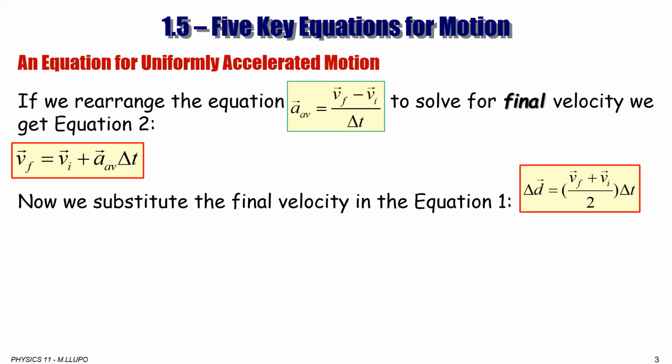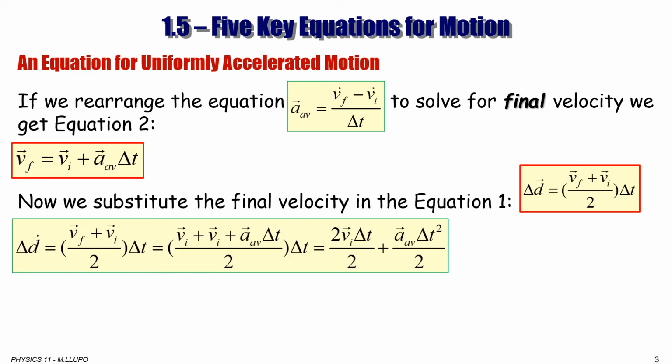Now we can substitute the final velocity in the first equation. Let's say that we do not know final velocity, but we know V initial, acceleration and time. On this equation, we can replace final velocity with V initial plus A average delta t. So that's what we did here. Instead of V final, we replaced it with V initial plus A delta t.